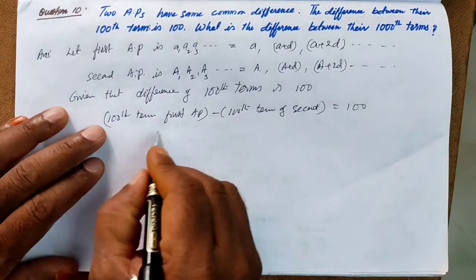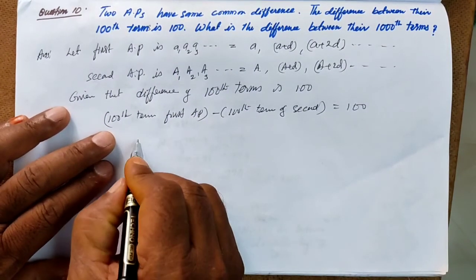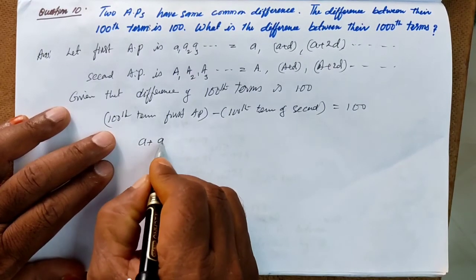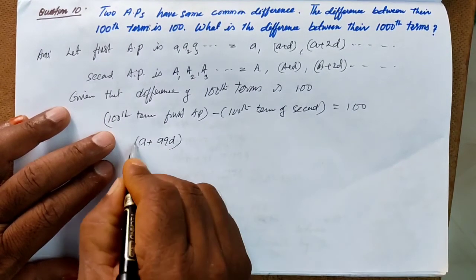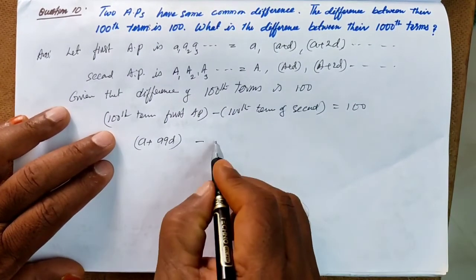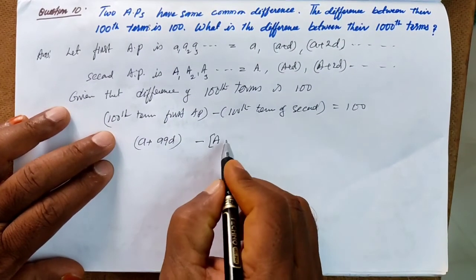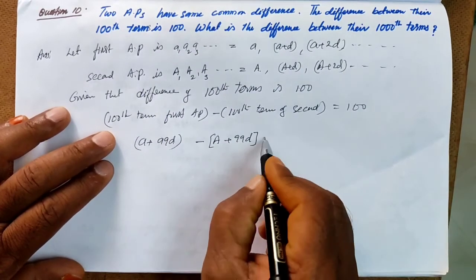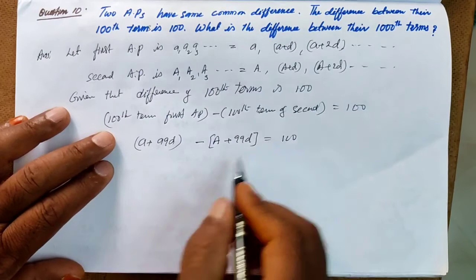Now the 100th term of the first AP is a plus 99d, and the 100th term of the second AP is capital A plus 99d, which is equal to 100.